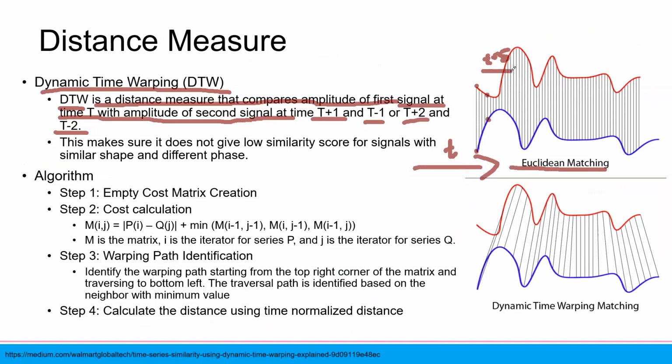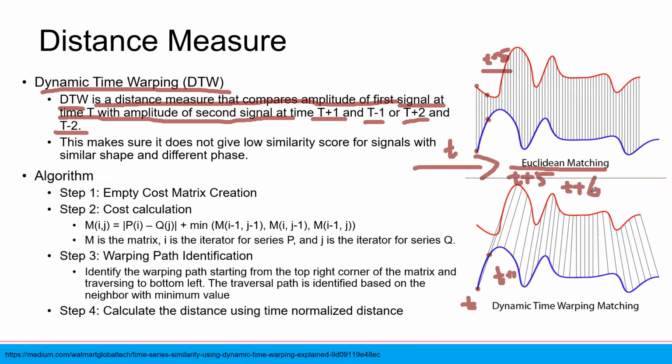But when we use dynamic time warping, we can check this is the time t, and we want to check it with the time t plus 5. So we can match whether the data at t equals the data at t plus 5, and whether t plus 1 equals the data at t plus 6.